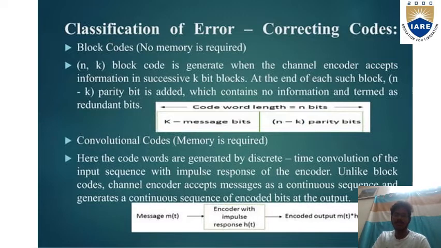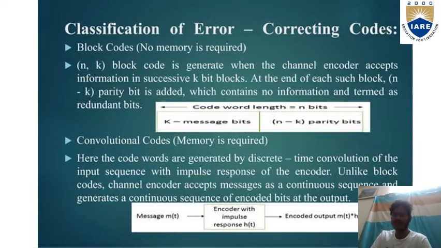And there are some classifications of error correcting codes. The first one is block codes, where no memory is required. A block code is generated when the channel encoder accepts information in successive k-bit blocks.